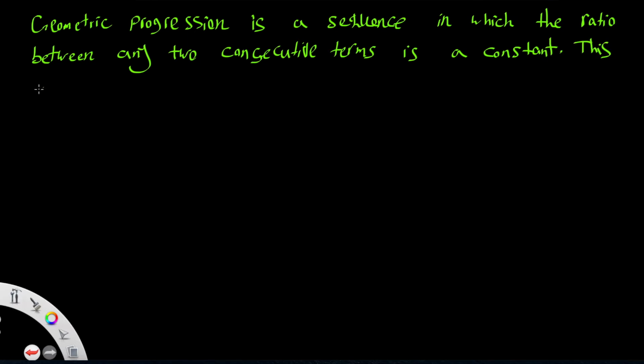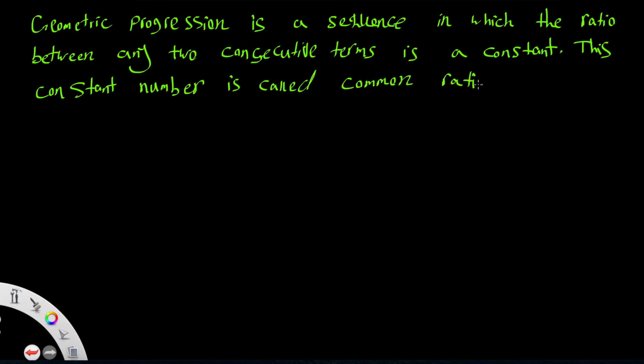This constant number is called the common ratio, denoted by lowercase r.